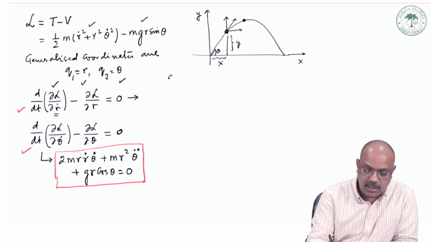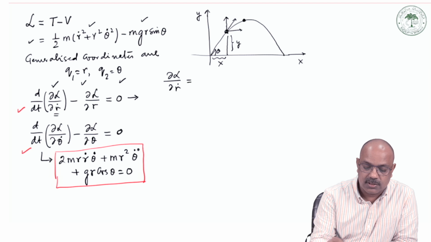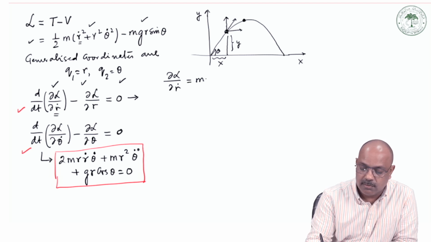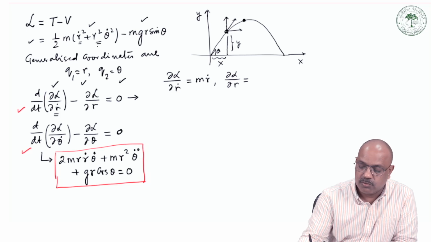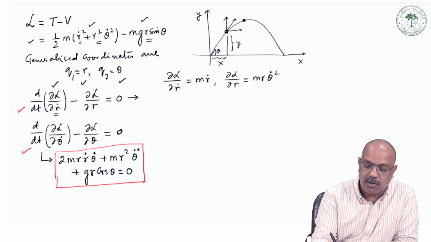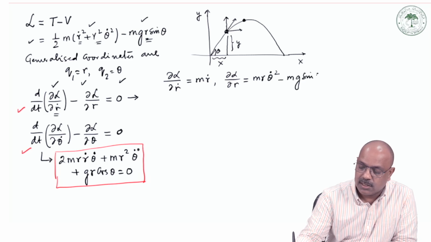Now if we calculate del L by del r dot from this Lagrangian, this is going to be m r dot. Then I have to calculate del L by del r: one part will come from the kinetic term, that is m r theta dot square, and the second component will be from the potential energy, because r is there also, so this is going to be minus m g sine theta.